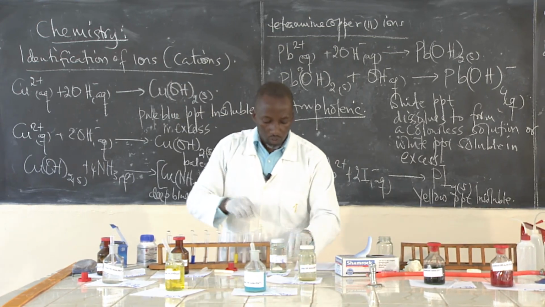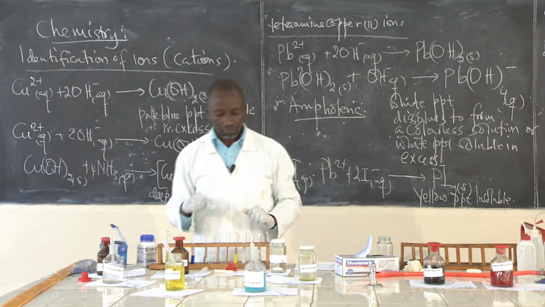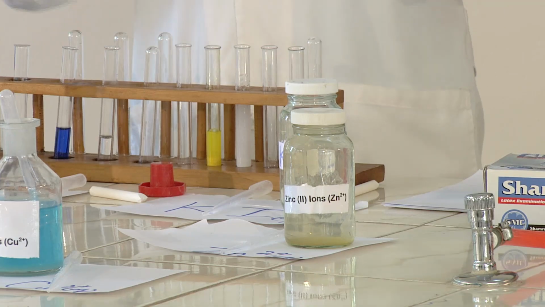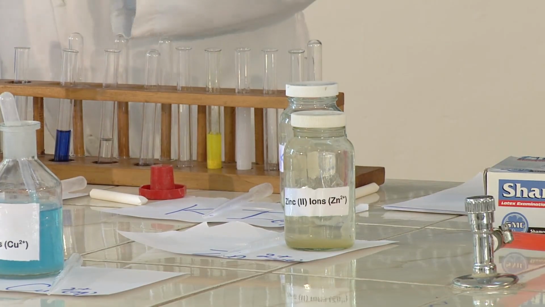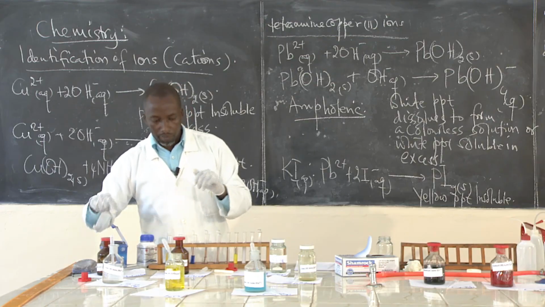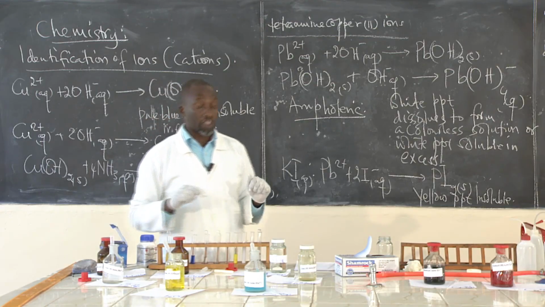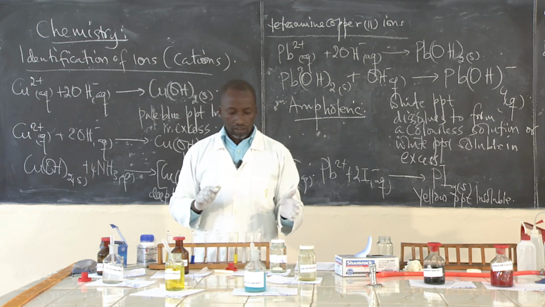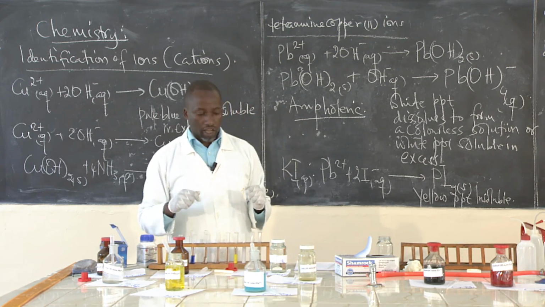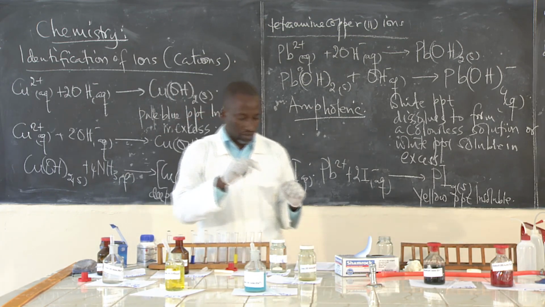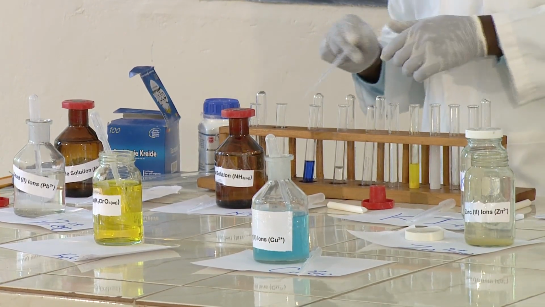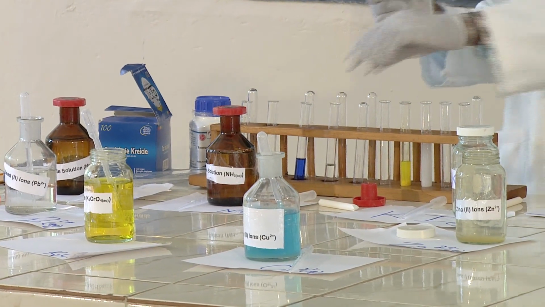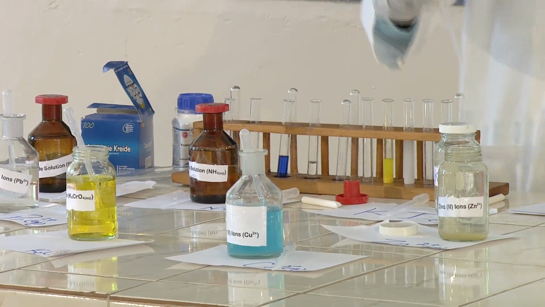So let's go to the zinc. As we said earlier, we'll have to do the tests with sodium hydroxide and with ammonia. For the zinc, these two solutions are enough to confirm its presence. So we add a few drops of zinc solution.